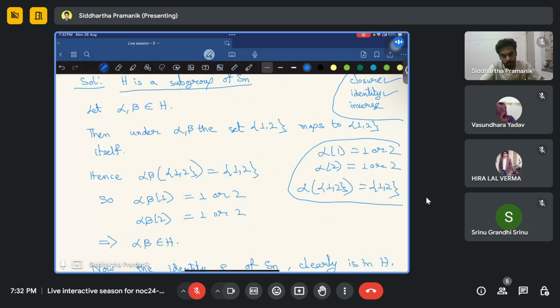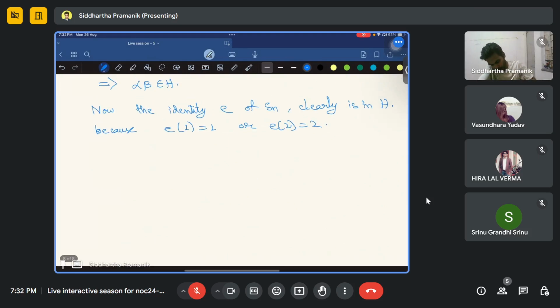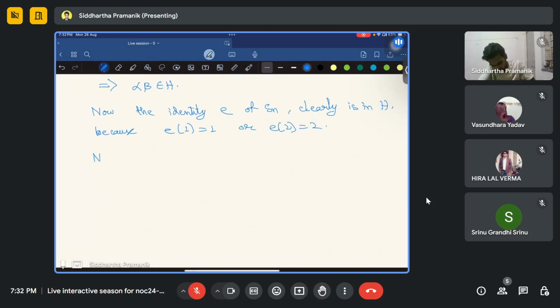Now the inverse. If alpha belongs to H, then here you have the set, let's say 1, 2 up to n. Here you have the same set 1, 2 up to n.